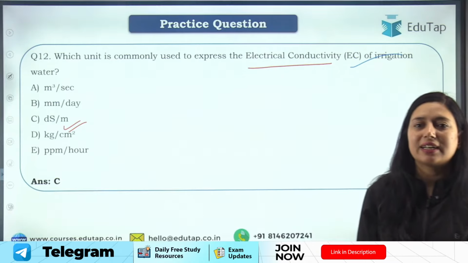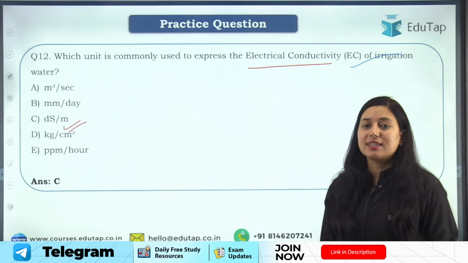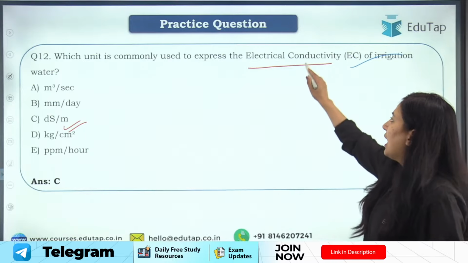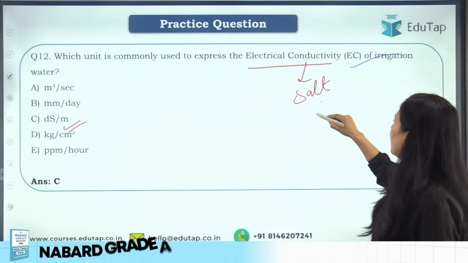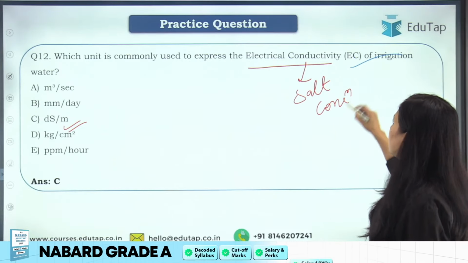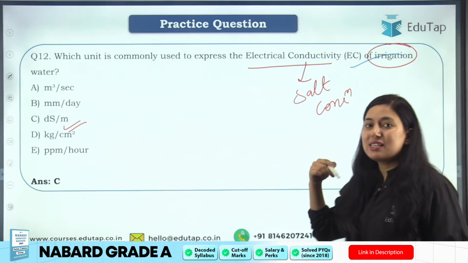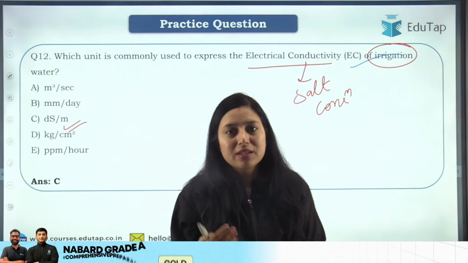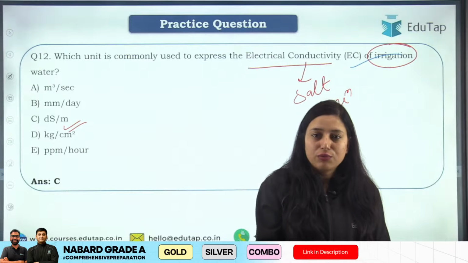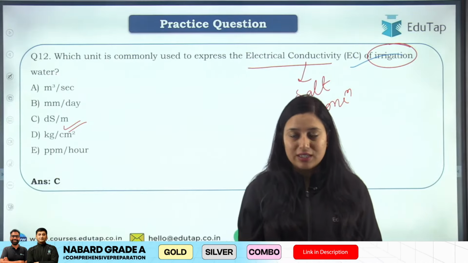Okay, so electrical conductivity की unit क्या है? Deci-Siemens per meter. And I have told you electrical conductivity से what we calculate? We calculate salt concentration. ठीक है, so students हम irrigation water के लिए भी EC निकालते हैं, क्योंकि sometimes the water that we are giving to the field can also have salt concentration, right?